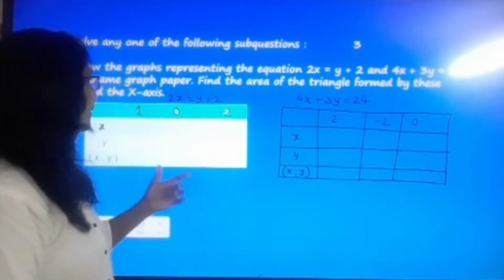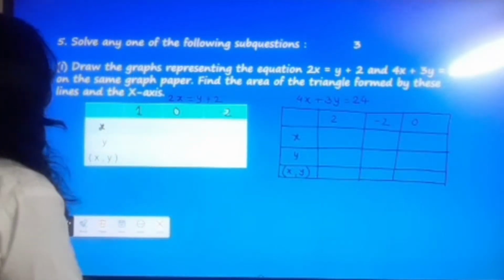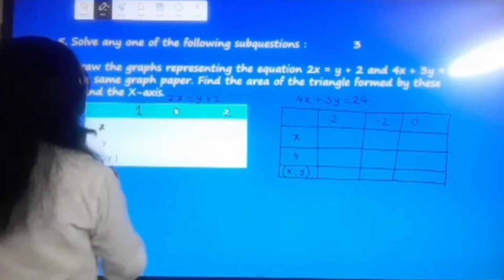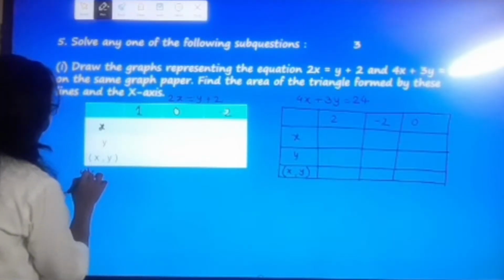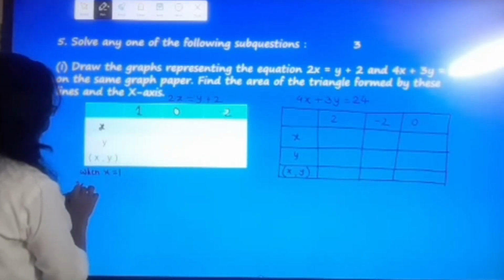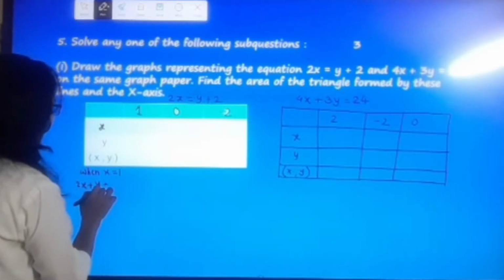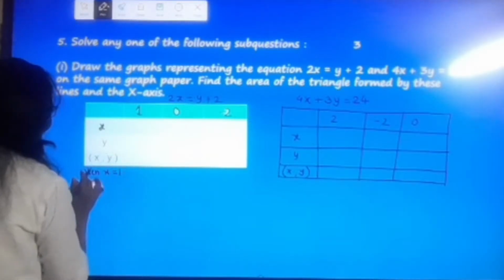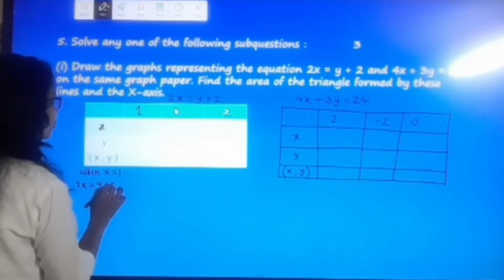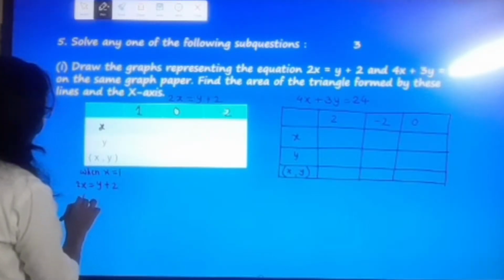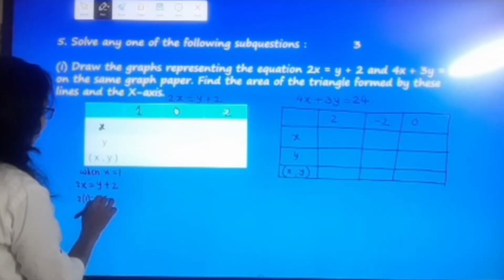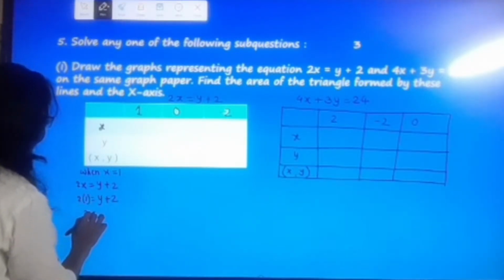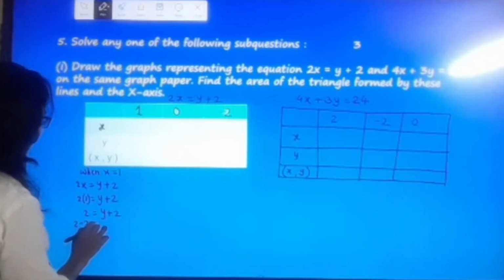Okay, and then here students, when x is equal to 1, then the equation is 2x is equal to y plus 2. So 2 multiply 1 is equal to y plus 2. So 2 is equal to y plus 2. That means students 2 minus 2 is equal to y.